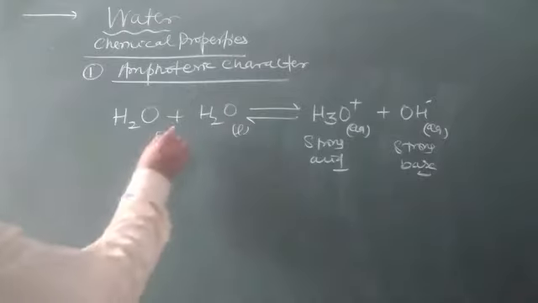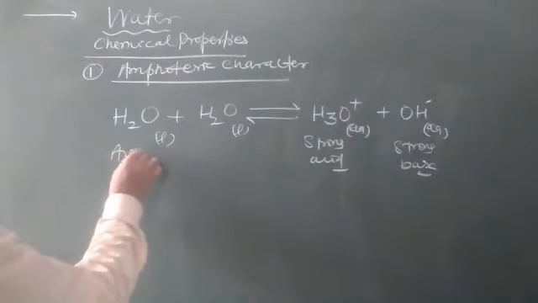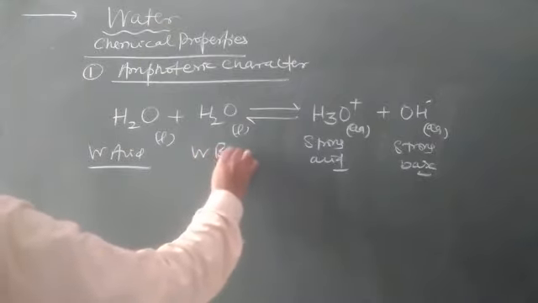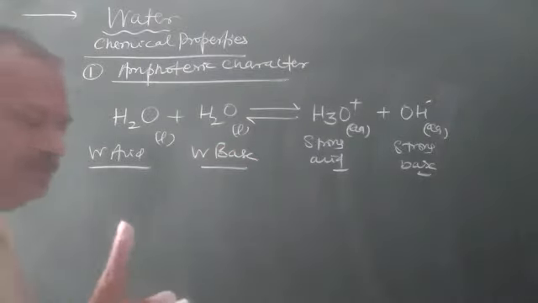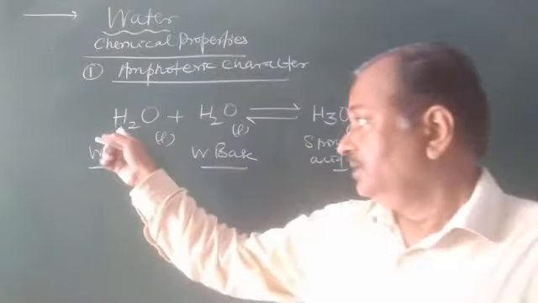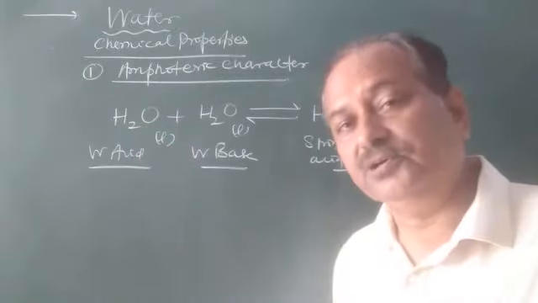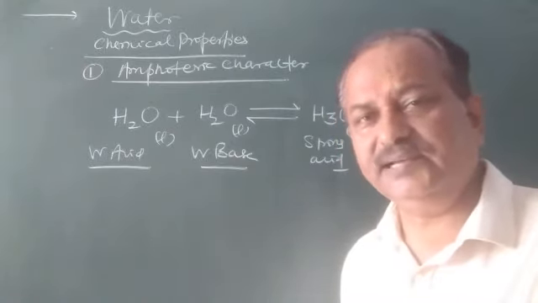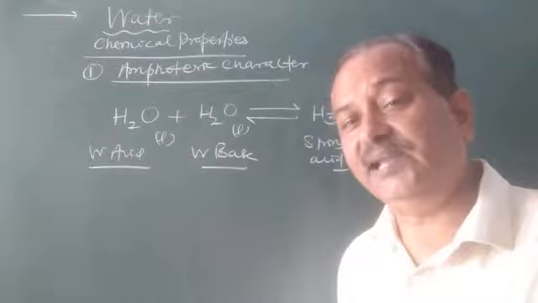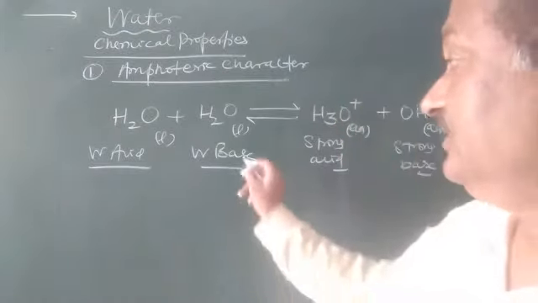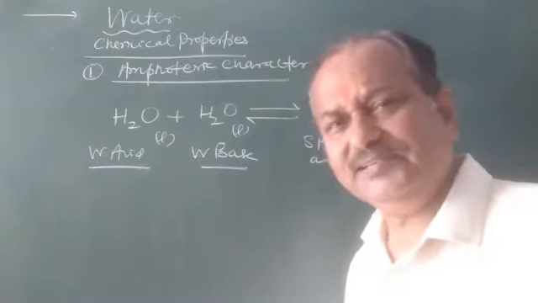And if I take 1 mole as a weak acid, and this is a weak base. Hydrogen combines with oxygen to form water. It is the hydride of oxygen. You know about hydrides? So water is the hydride of oxygen. So weak acid and weak base. Water is tasteless.